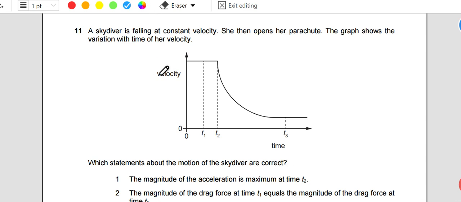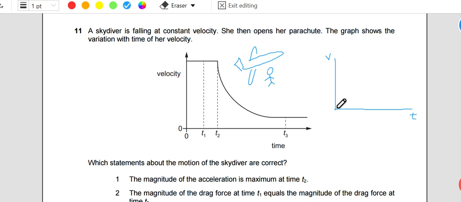Yes, this is true for drag to be equal at t1 and t3, because let us revise the whole motion again. V versus T for a parachutist that falls from a plane.